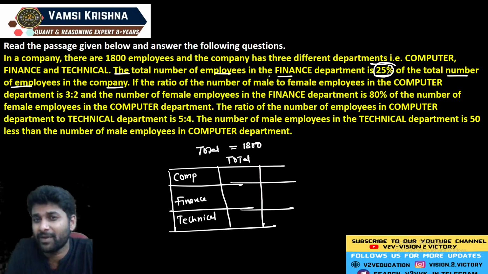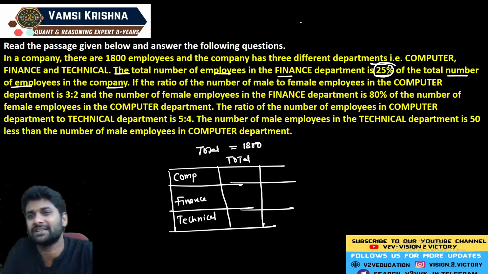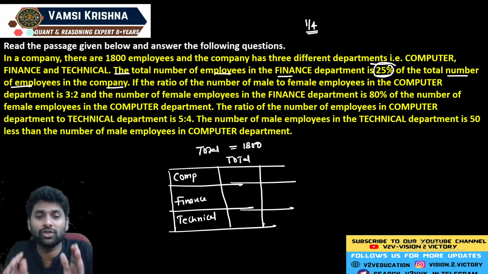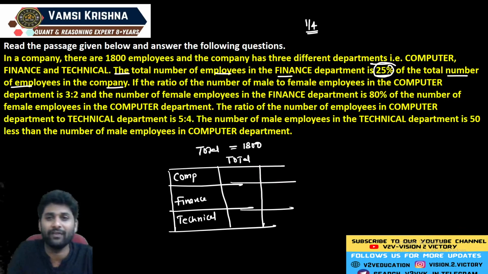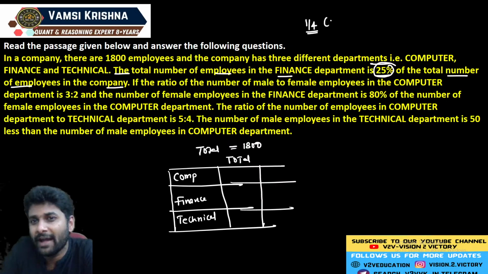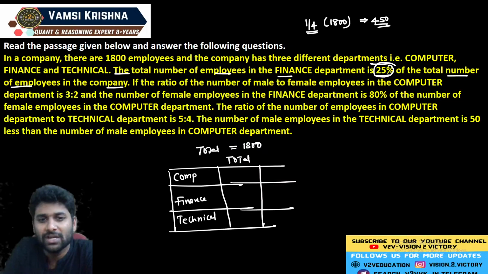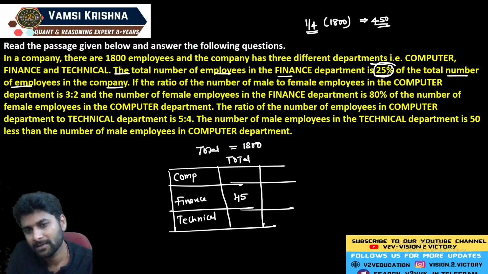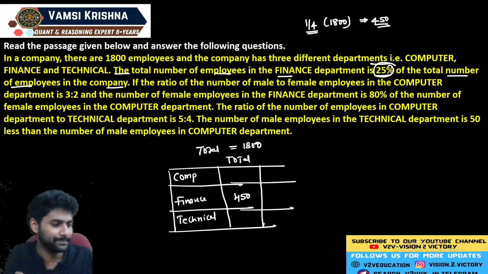You already know that 25 percent means 1/4 of the value. So 1/4 of 1,800 is exactly equal to 450. So 450 people are from the finance department. So we'll get one value here.